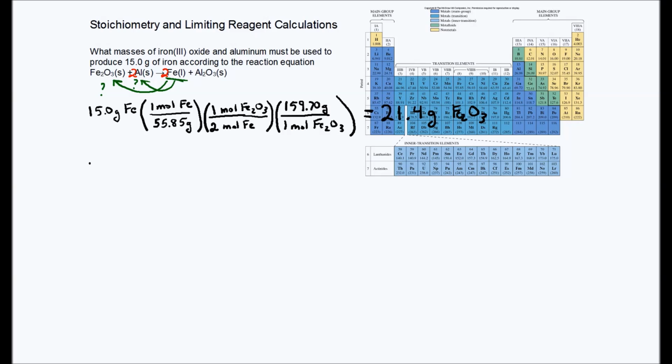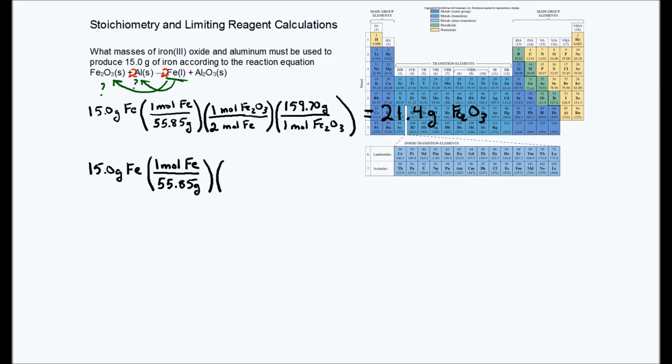Now let's look at the aluminum, and we do the same thing again. We start in exactly the same place. 15.0 grams of iron. First convert to moles of iron. Just like before, 1 mole of iron is 55.85 grams.